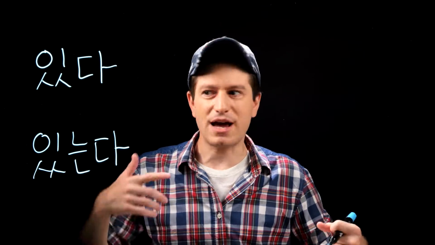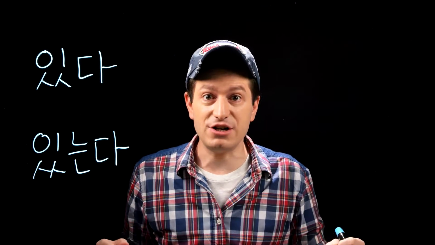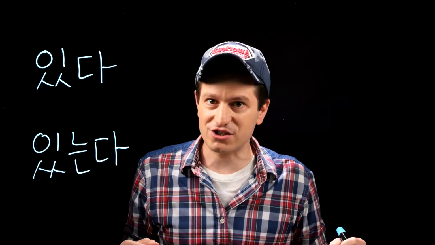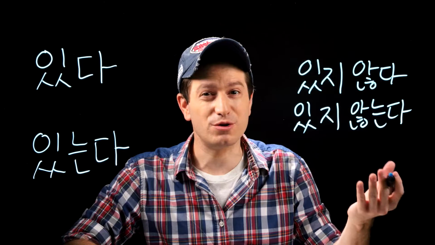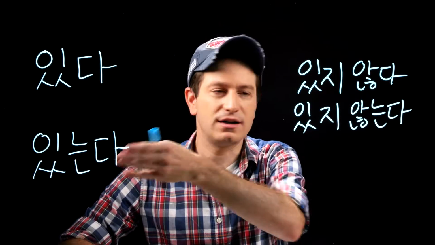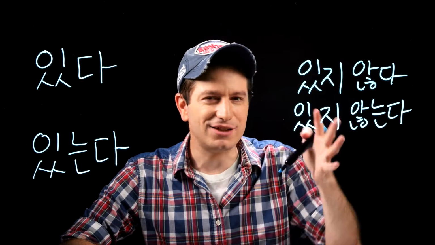And it doesn't stop at the plain form. When you have the regular negative conjugation, 지 않다, you'll also see some differences in how they're conjugated. First of all, the plain form negative form will also be conjugated in the same way as this. You would have 있지 않다 or 있지 않는다. But even when it's not in the plain form, it still will change a bit.